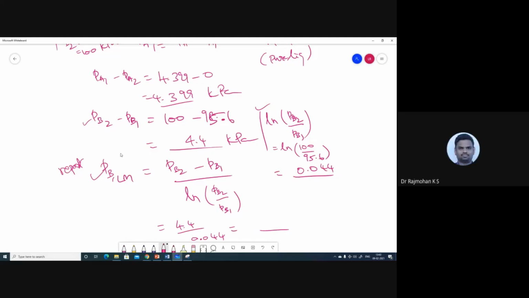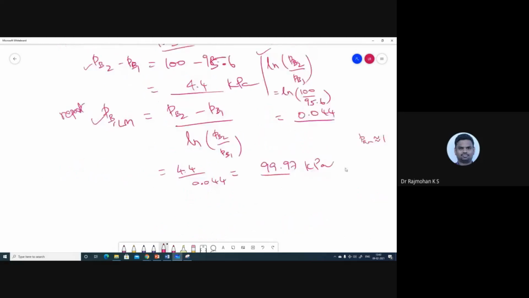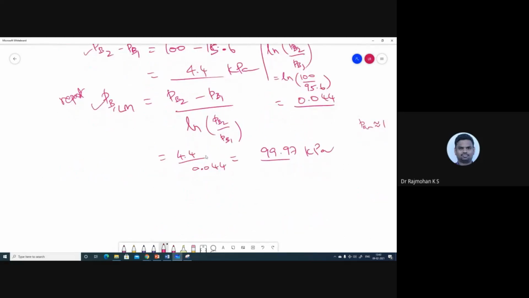Almost 100. Yes, sir, 99.97 around. So in many cases, if it is very dilute, PB logarithmic mean is almost equivalent to 100 only. That's why sometimes when you make the mistake of forgetting to add this term, we still get a similar answer. That's why we ask you to report this separately so that you don't forget to add this term.